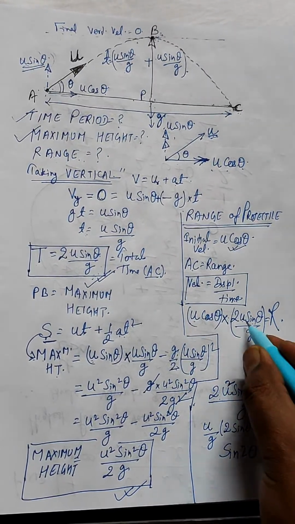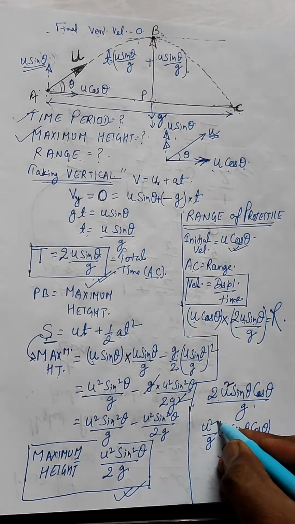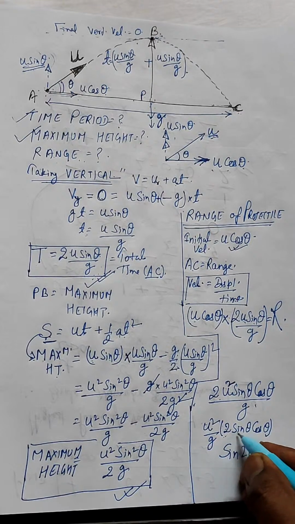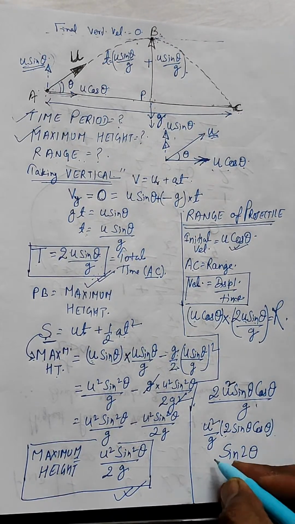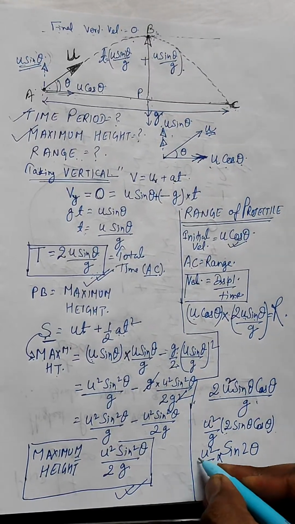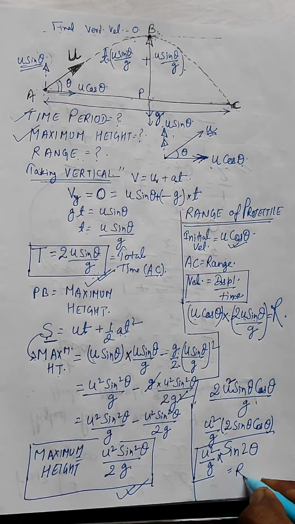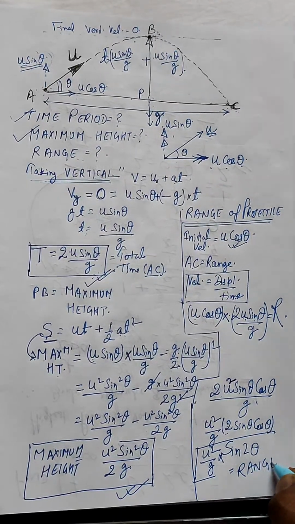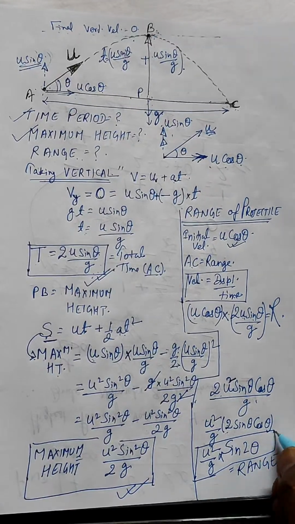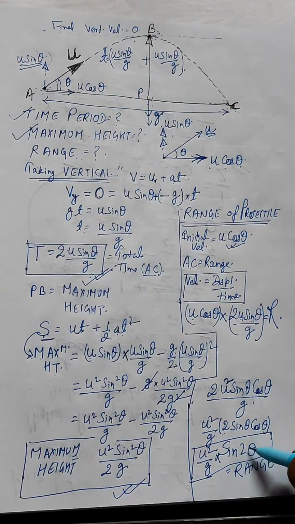I had missed one of the u, so it is basically 2u² sin theta cos theta, and u² by g is taken common. Inside we are left with 2 sin theta cos theta. So u² by g into sin 2 theta is the range of that projectile which we have considered. That means the distance from A to C is u² sin 2 theta by g.